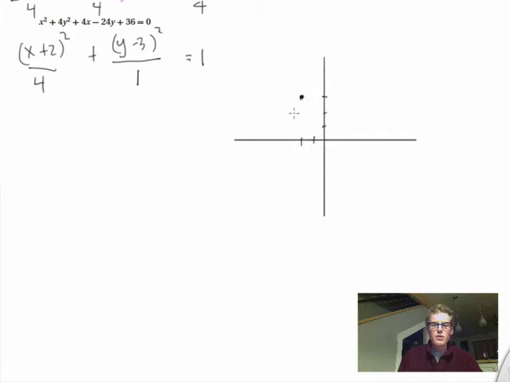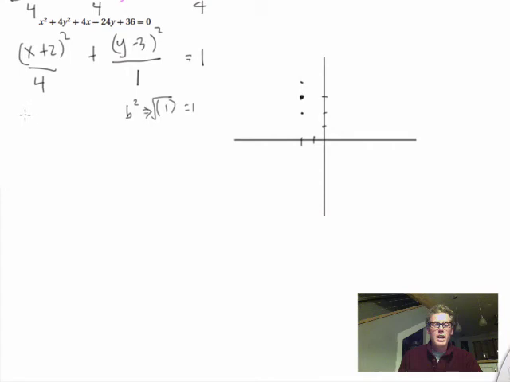Alright, so there's the center of my ellipse, and then this is my b value right here. So b squared, well, the square root of 1, if I want to undo that, is just 1. So that means I'm going to go in the y direction up 1, and also in the y direction down 1.